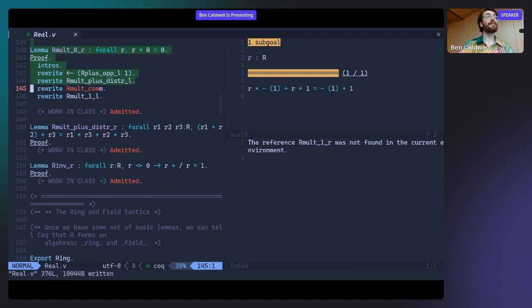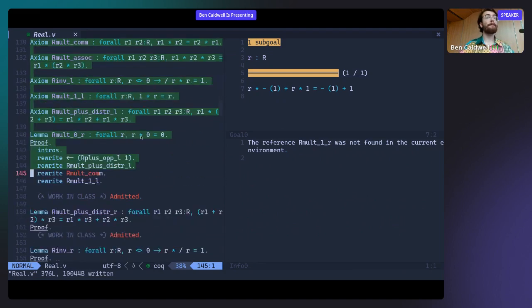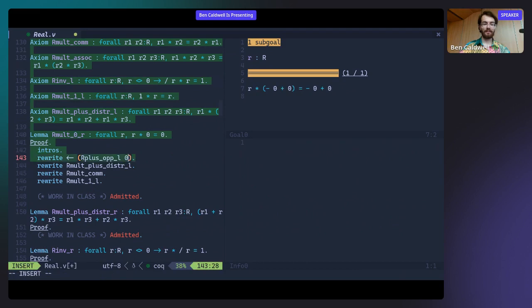I googled the question, and it's R times 0 plus 0, and then you distribute that. So this is what you're saying, and then distribute this?